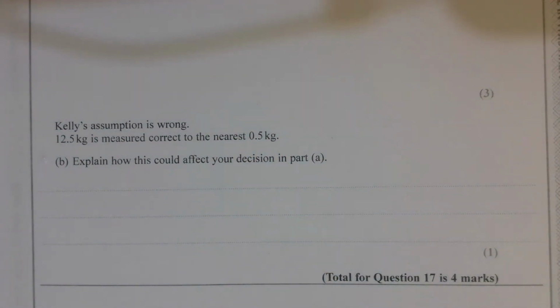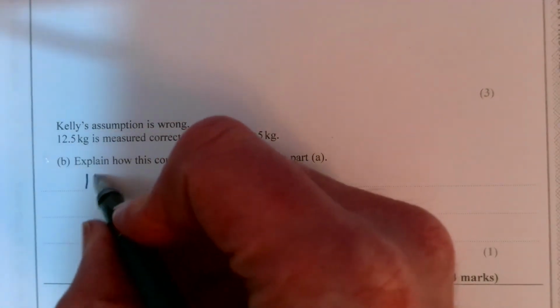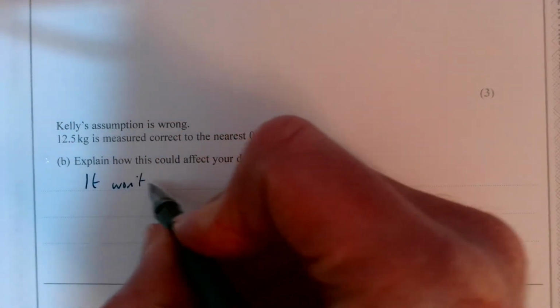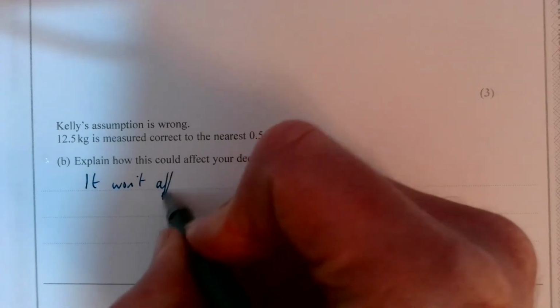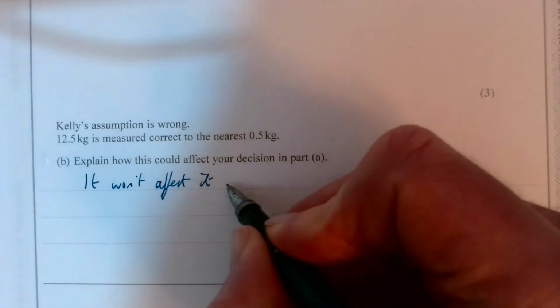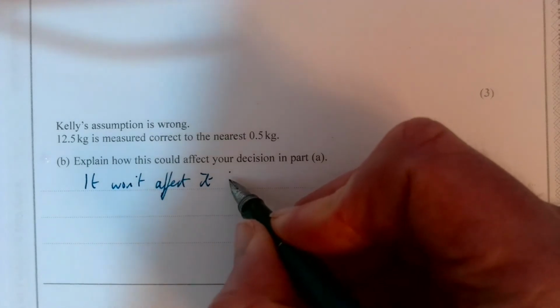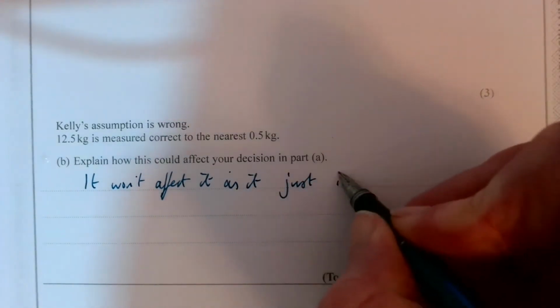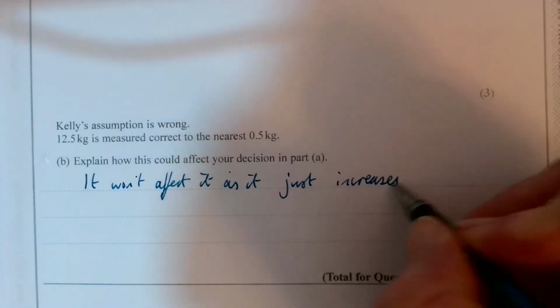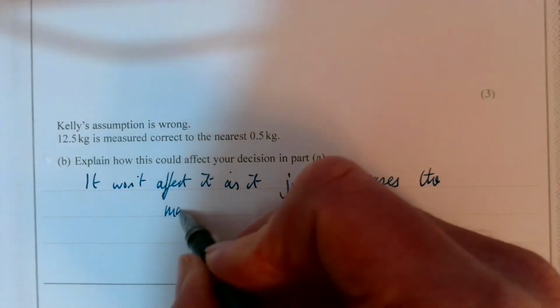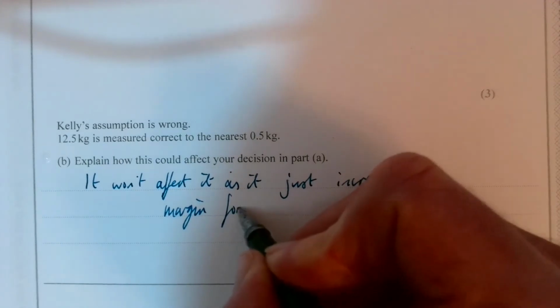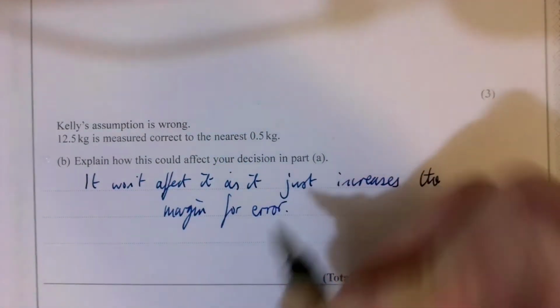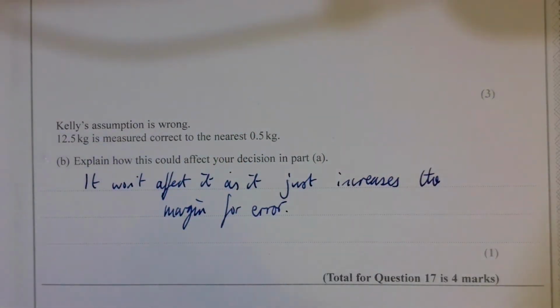So it won't affect it, as it just increases the margin for error, and you just need to put some sort of validation of saying why it won't make a difference.